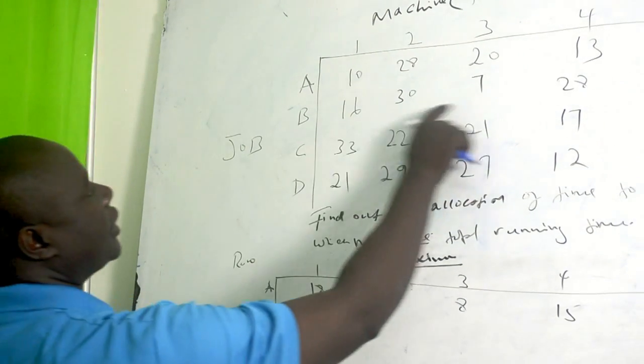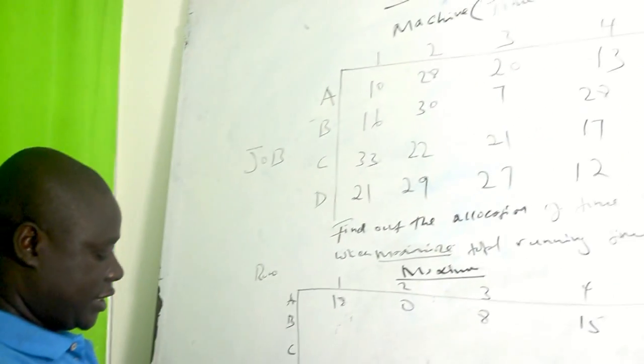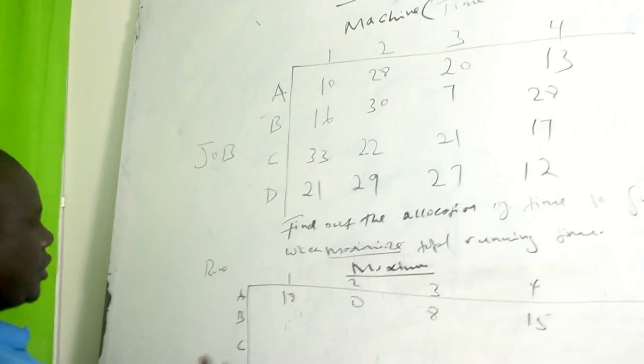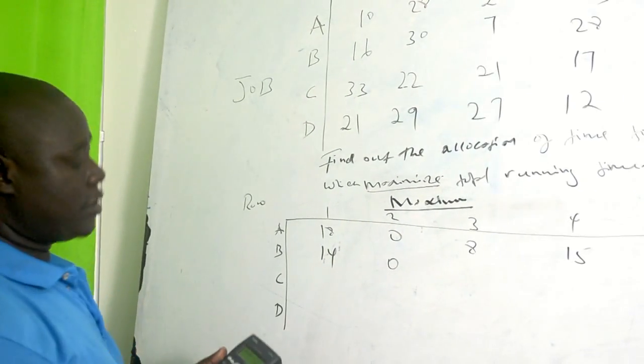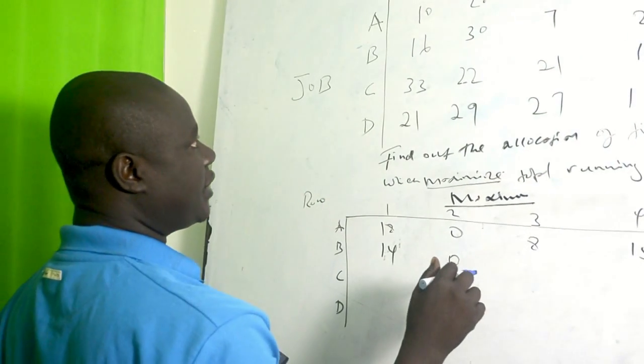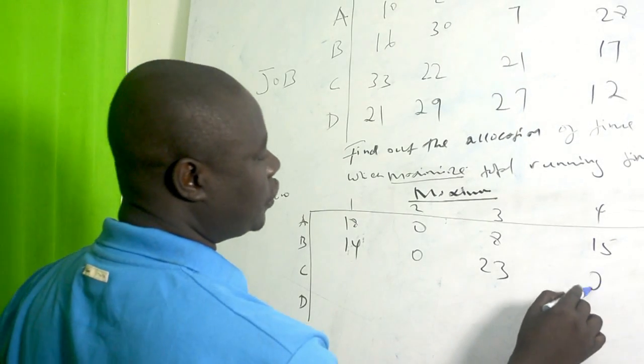We come here. The largest number there is 30. 30 minus 16, you get 14. 30 minus 30 is 0. 30 minus 7 is 23. 30 minus 28 is 2.